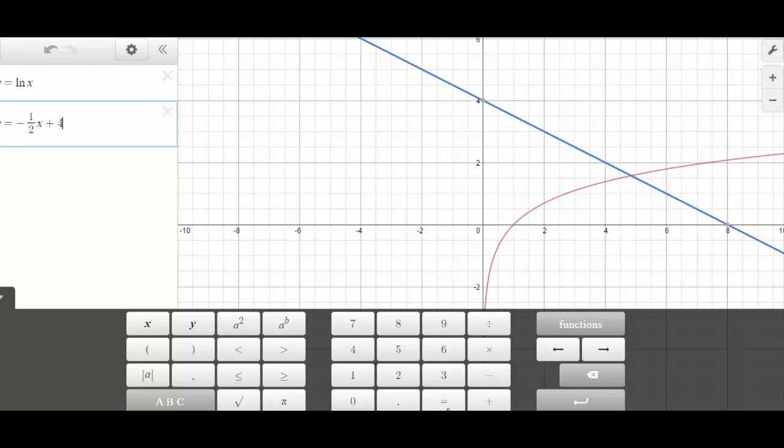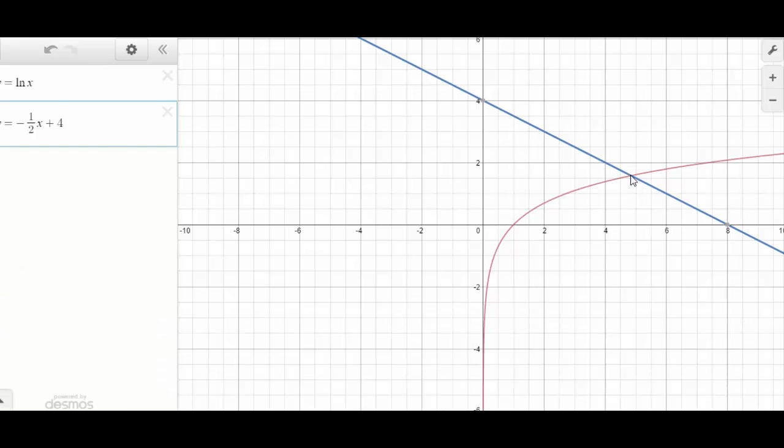Okay, and so when you graph this, you can look at and see the intersection, and because this is like the coolest website ever, I just have to click and it'll tell me what my answer is, which is awesome.